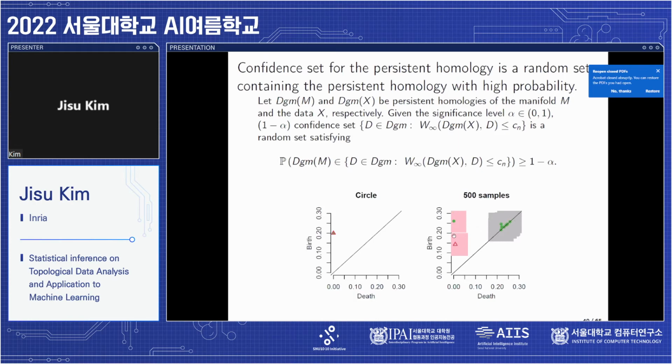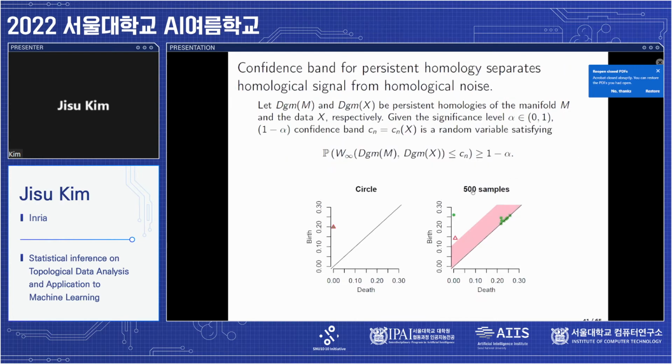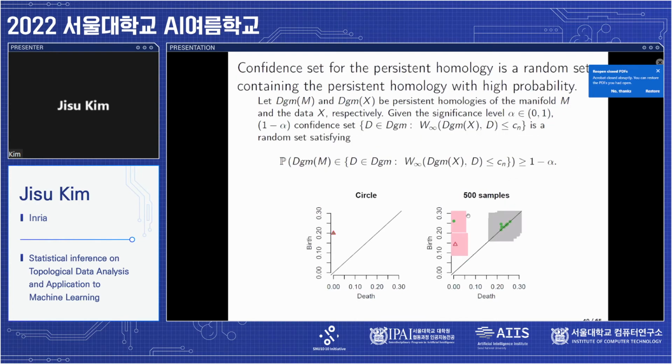Here the rectangle has center at this point and side length 2 times C sub n. So if you have a point from this confidence set, you may have some perturbation of the location of this point, but that perturbation is limited to this box.